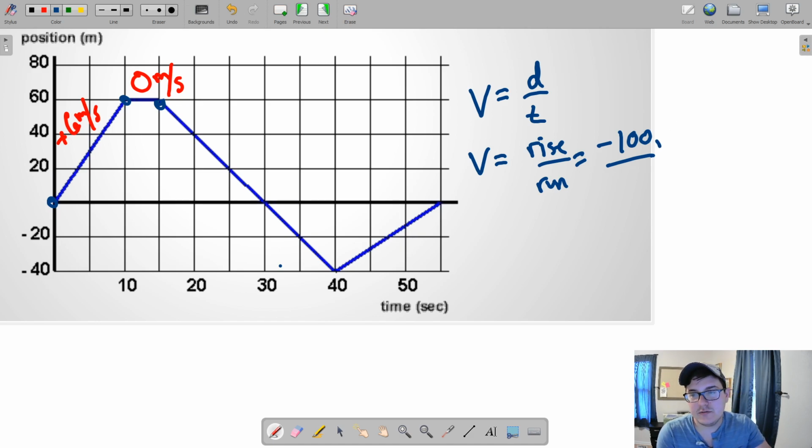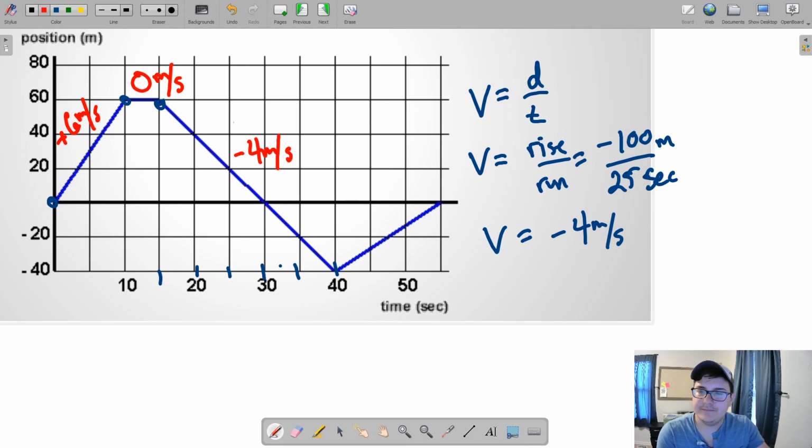So I went down 100 meters and over, let's see, this is 5, 10, 15, 20, 25 seconds. Okay, so here's what we can say so far. It's negative 100 divided by 25. The velocity equals negative 4 meters per second. So if you got negative 4 meters per second right here, we are looking fantastic.